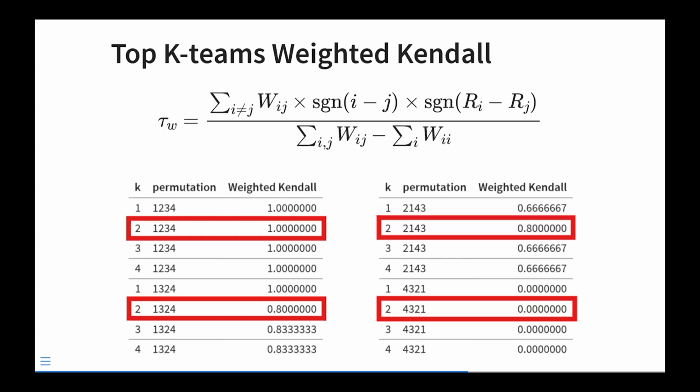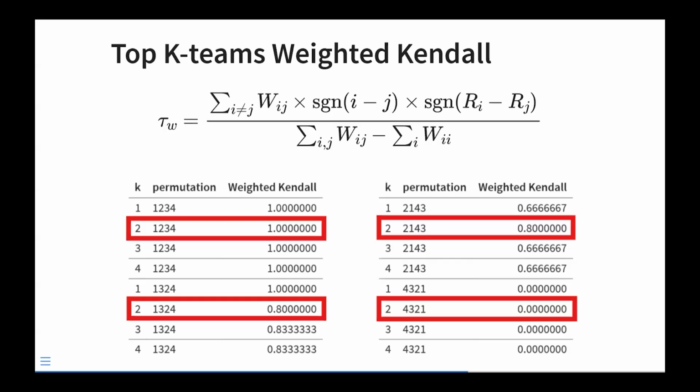So you can see we have 1, 2, 3, 4. If you're looking at the top 2 teams, that gives you a perfect score. We want the highest weight to be the best tournament. On the other hand, 4, 3, 2, 1 is the opposite. You get 0, which means this weighting function does work. And if you look here, 1, 3, 2 and 2, 1 actually end up with the same score.